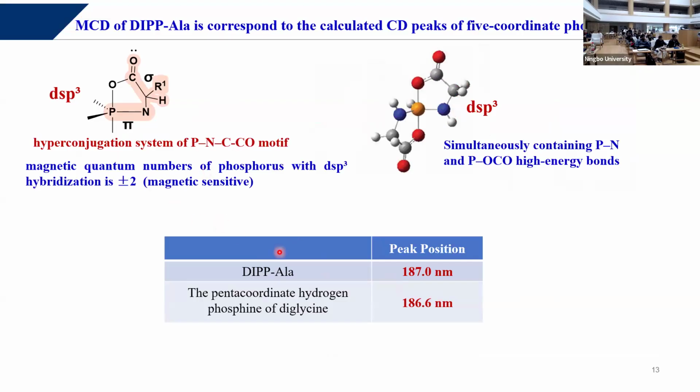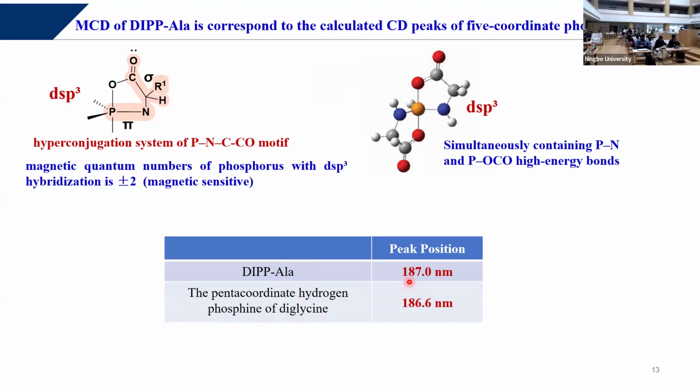The similar wavelength of DIPP-ARA and the pentacoordinate hydrogen phosphorine of diglycine, their peak is very similar.